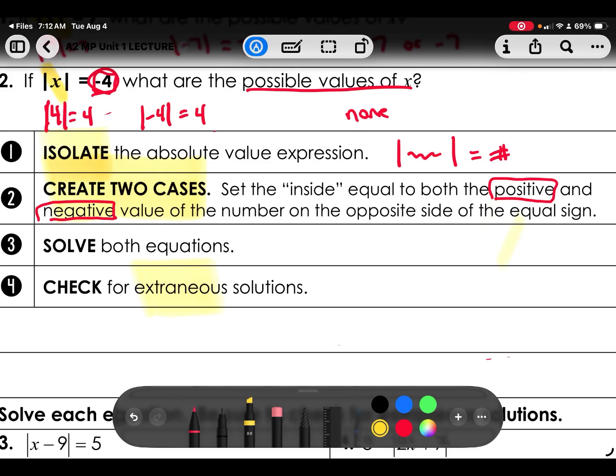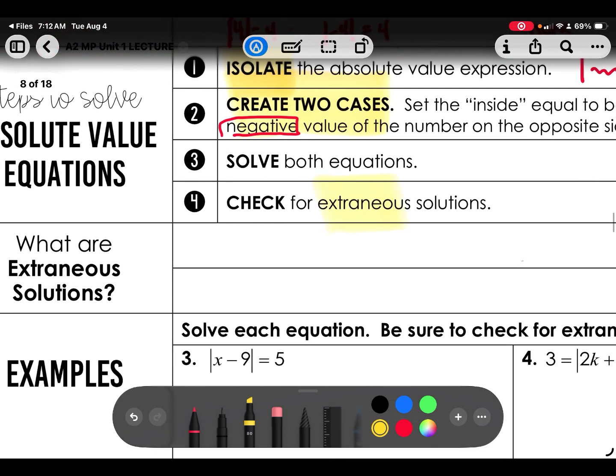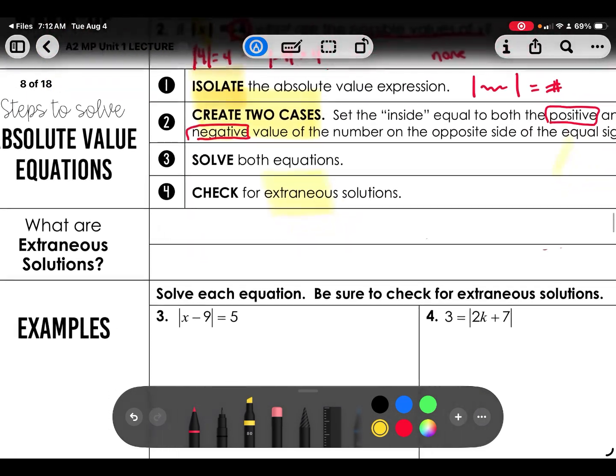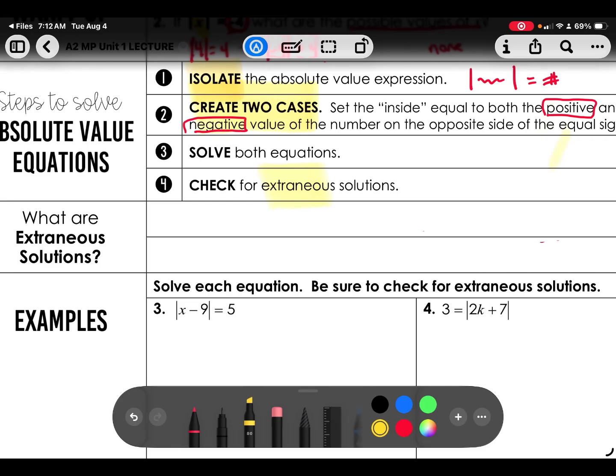Well, what does extraneous mean? I'm so glad you asked. We're going to do a little definition here. So extraneous solutions are solutions that don't work when they're plugged back in. Mathematically, they might work, but when you actually plug them back in, they don't.